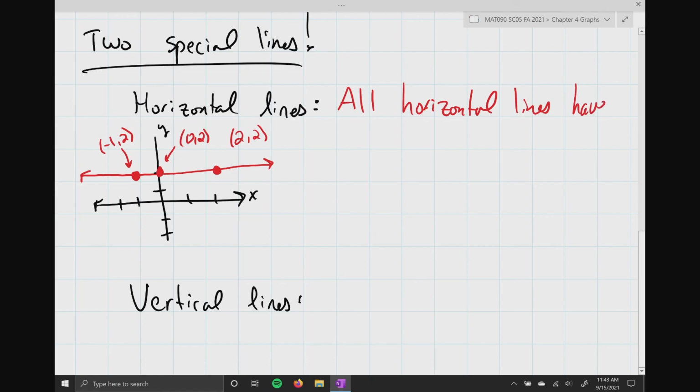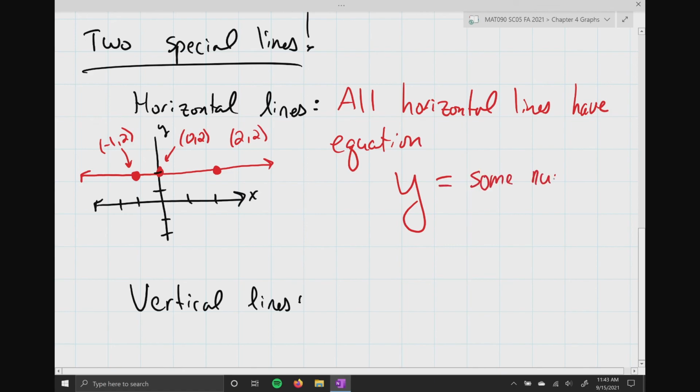have the equation y equals some number. In this specific situation, this is the equation y equals 2. And it's because I don't care what x is, y always has to be 2.